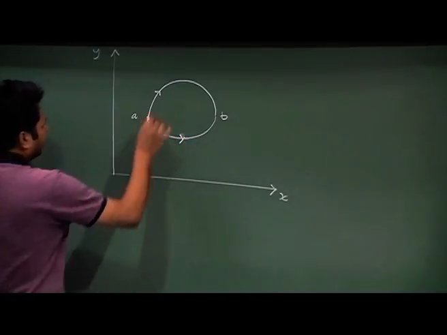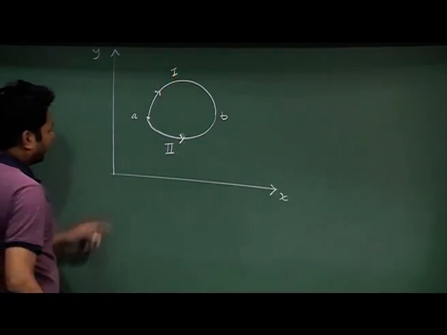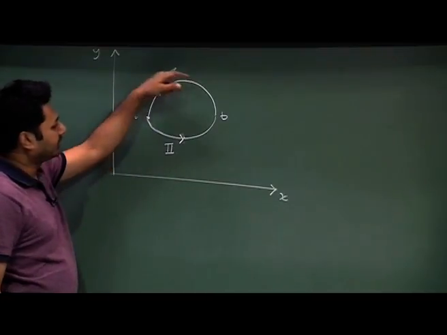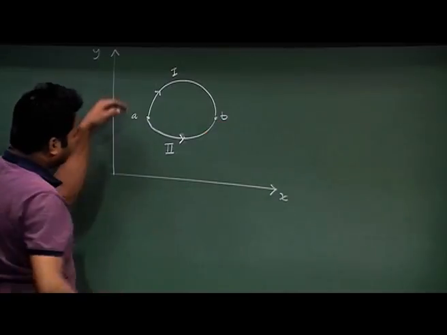Let me first do it in this way. This is path 1 and this is path 2. First I go from a to b through path 1, and then I go from a to this point b through path 2.